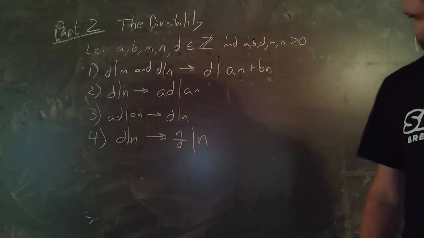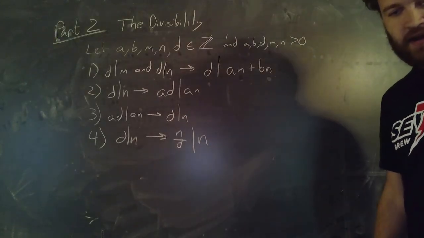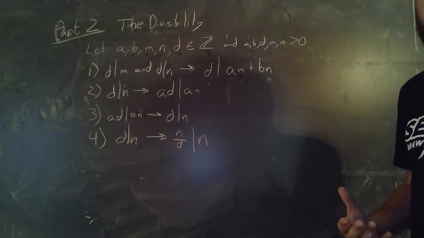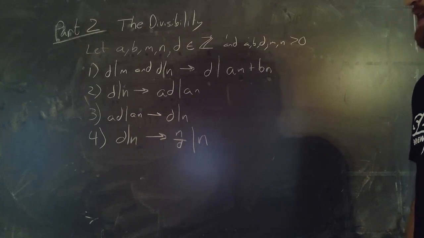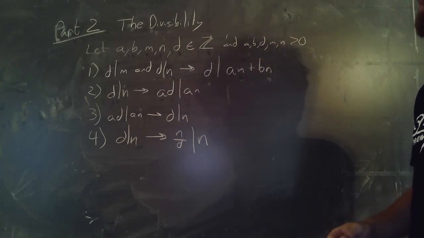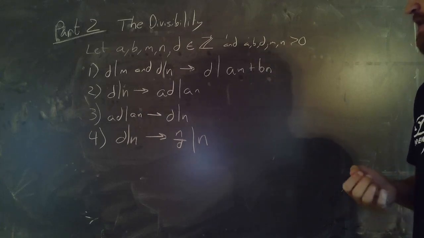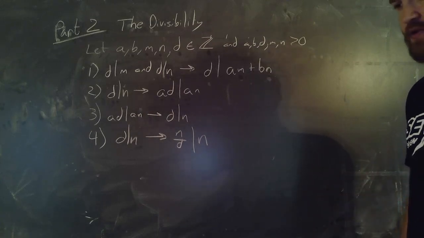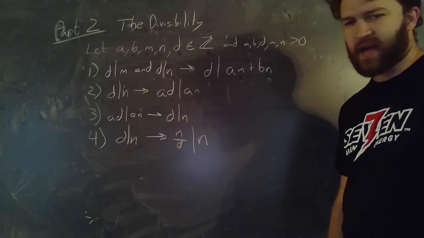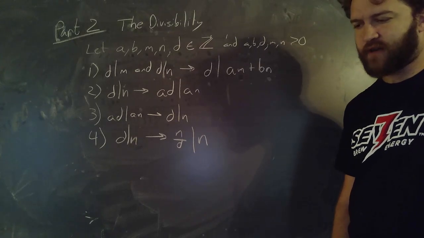Now the last statement given without proof is this thing right here, and it says a fact that should seem fairly obvious again. It says that if d divides n, well then what's left over when you divide n by d will also divide n. You can think of this pretty easily by a quick example. Take the number 35, for example.